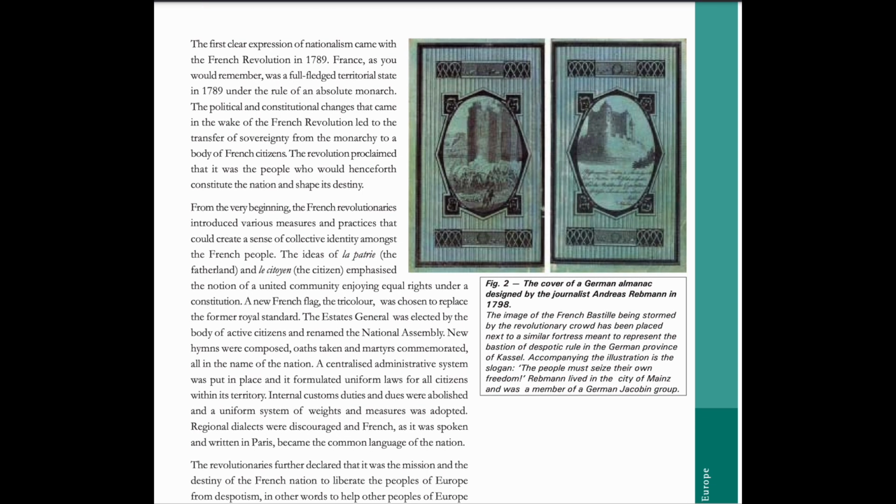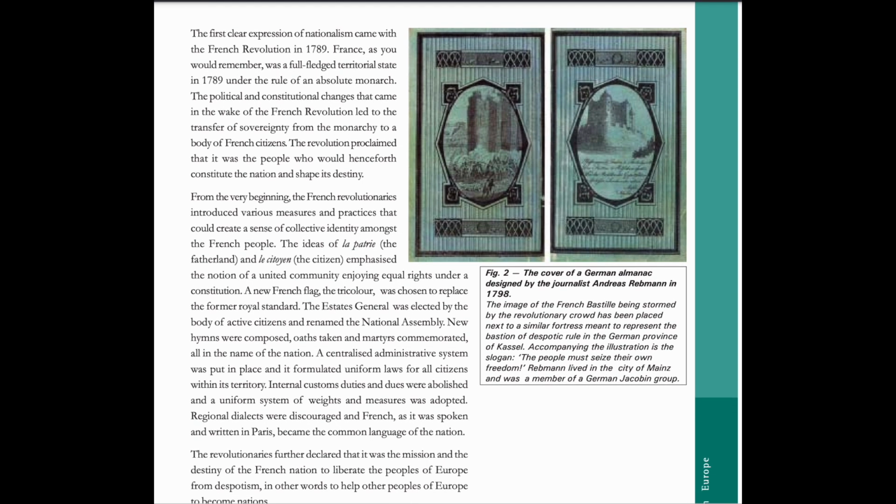From the very beginning, the French revolutionaries introduced various measures and practices that could create a sense of collective identity amongst the French people. The ideas of La Patrie and Le Citoyen emphasized the notion of a united community enjoying equal rights under a constitution.